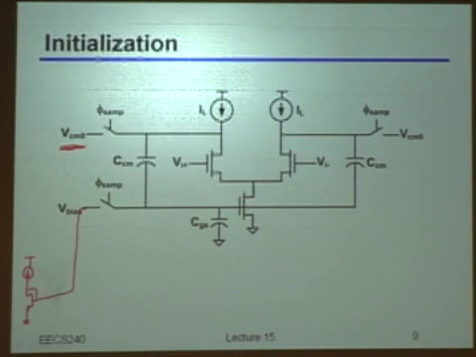So what I'm doing here is actually when I close these switches, and so I connect that. So in one phase, when phi samp is on, then basically I'm charging and enforcing, to both sides of the CCMs, the voltage that I want, the difference that I want.